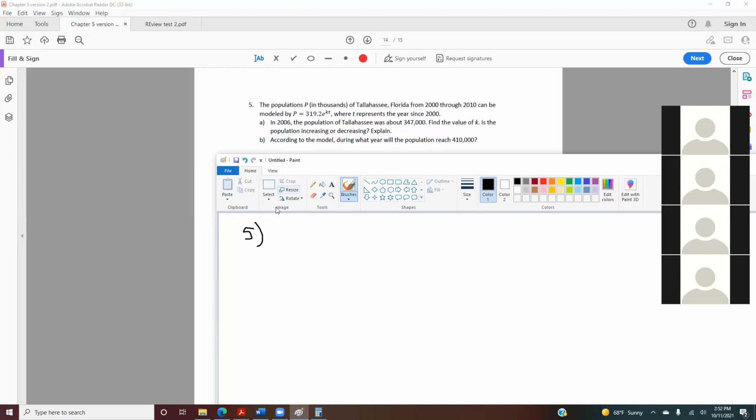Explanation is very easy. So can someone tell me, in 2006, what is the time? 6. And the population is 347,000. So that is your P, right? The population is P. So can you write P in this case as 347,000?